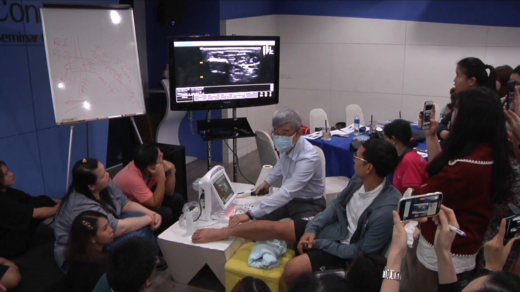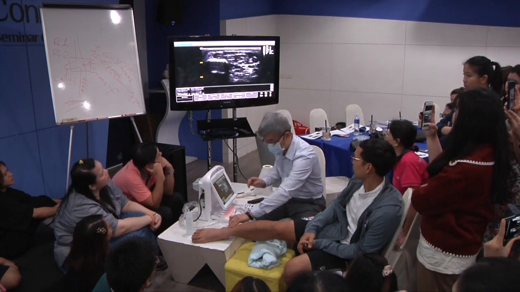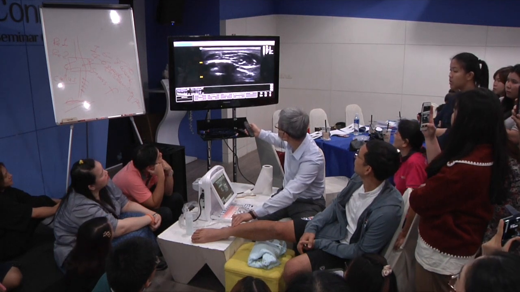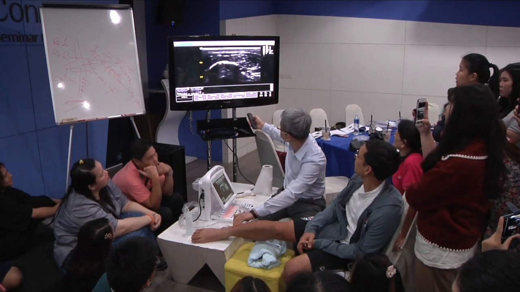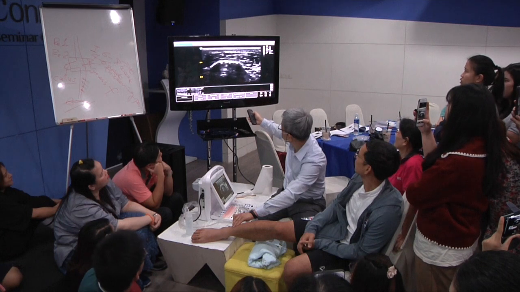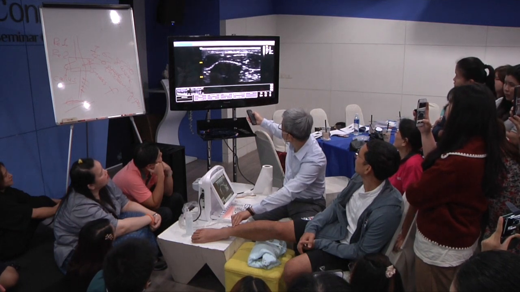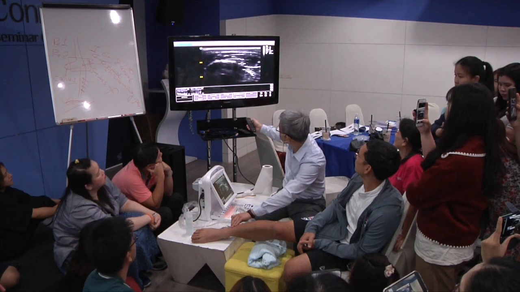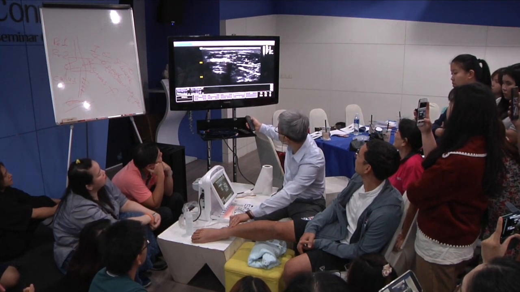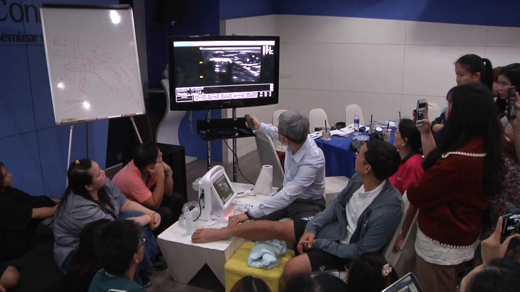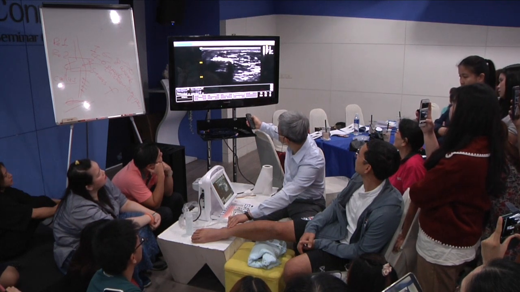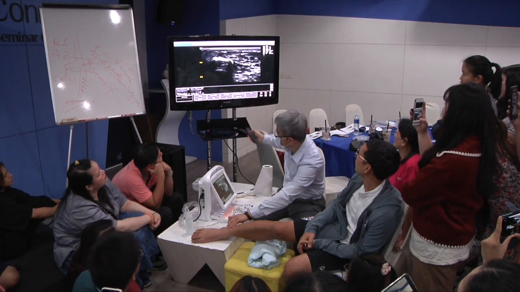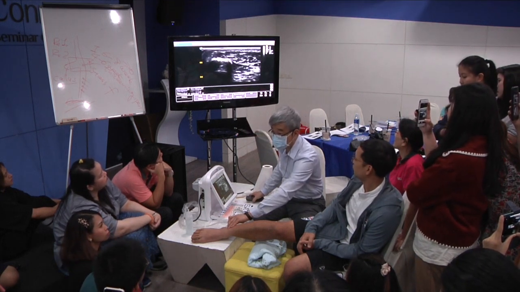Right? Okay? The level. When the probe level is high, you can only observe the peroneus longus tendon. Okay? When close to the lateral malleolus, the brevis tendon shows and runs between the longus and the fibula bone.